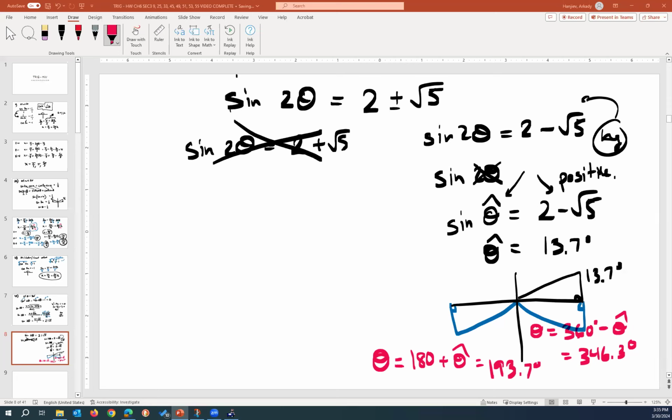All right, the only other thing I have is the fact that we're not solving for theta. We originally had a 2 theta here, right? So we're going to have to take half of that. Technically you could have just put in 2 theta over here, I just don't want to confuse it too much.